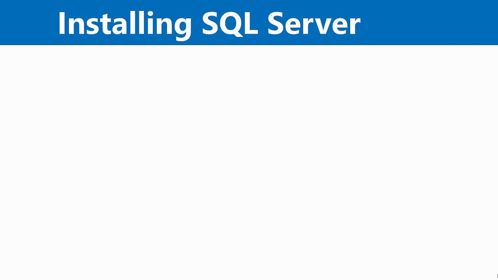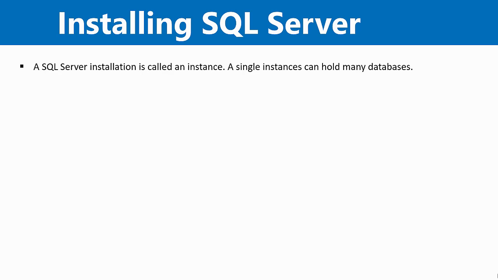A SQL Server installation is called an instance, and a single instance can hold many individual databases. SQL Server can have different types of instances. The main types are the Database Engine, which is the default instance, used basically to create and store data inside databases.